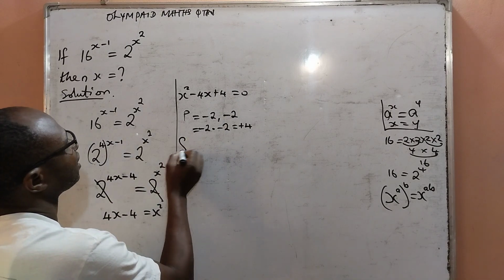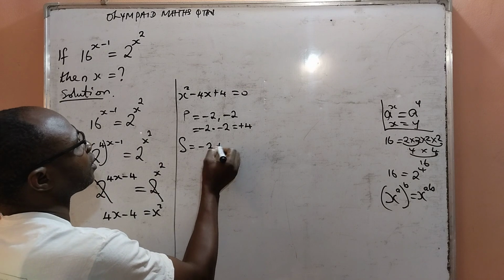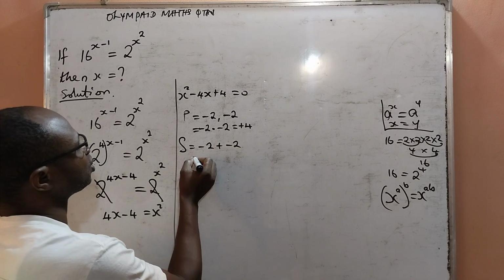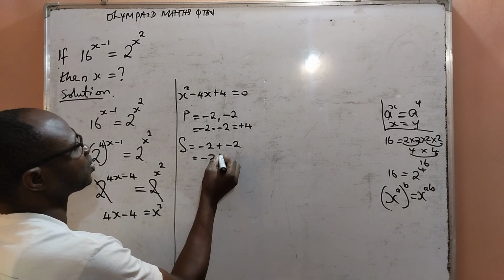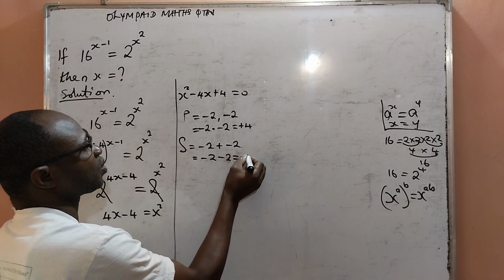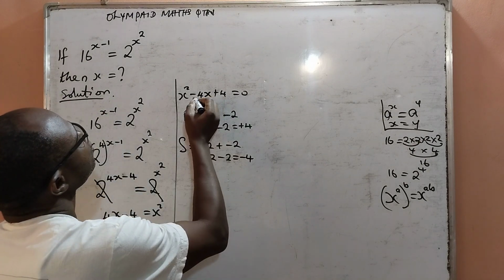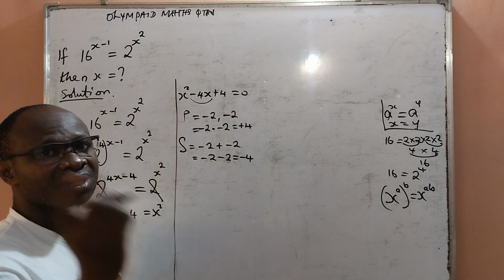For the sum, minus 2 plus minus 2 is going to be minus 2 minus 2, which is equal to minus 4. Now that I have found the two numbers, I will use them to replace the middle value.